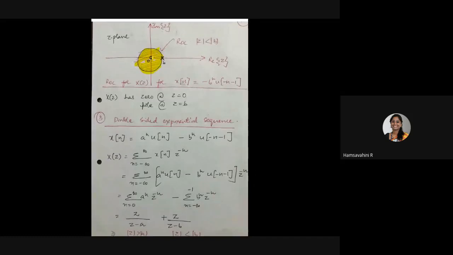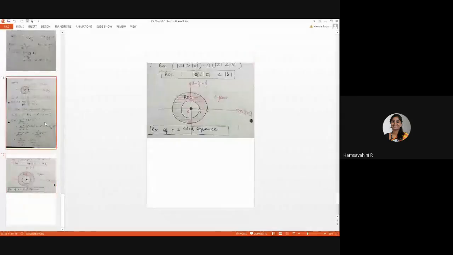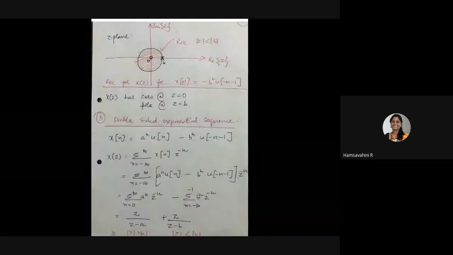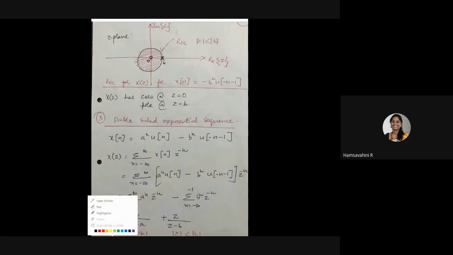Okay. So now let us take the next example, a double-sided sequence. What I'm doing here is, I've taken a positive sequence, a to the power n u of n, which is the same as the previous problem which we solved.